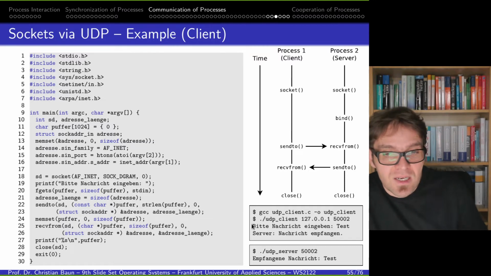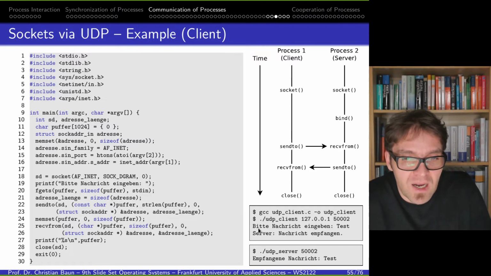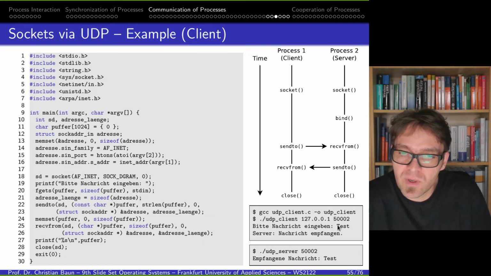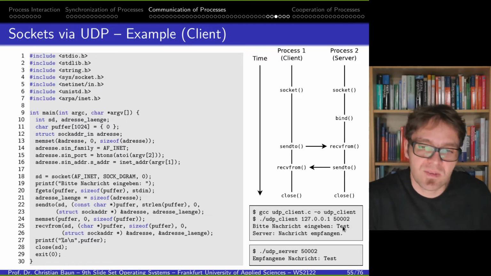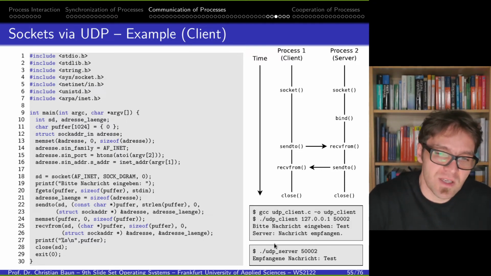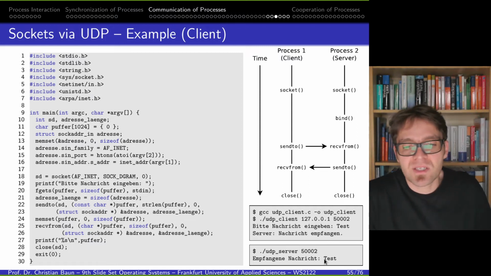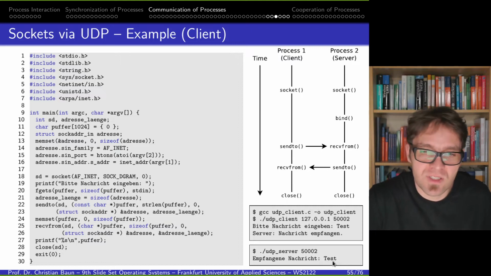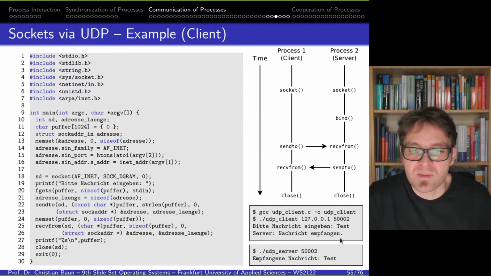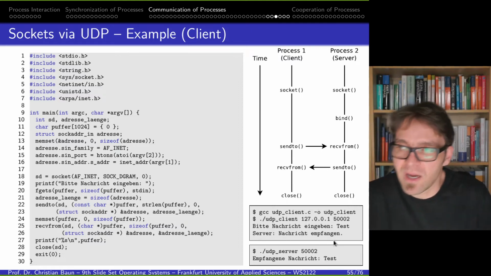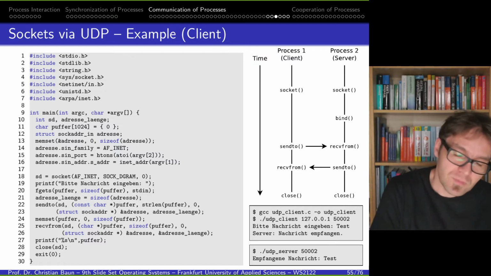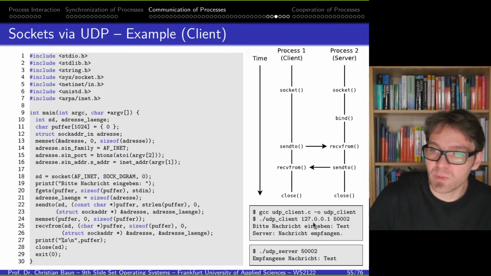So we are requested by the process to print out a message. It's done here, and on the server side we can see the server prints out the message it has received, and it sends back a string, "Oh, I have received something." So that's it for UDP.